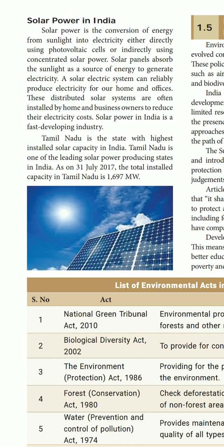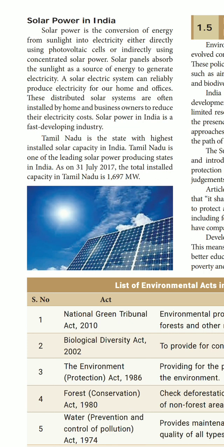Solar power is the conversion of energy from sunlight into electricity, either directly using photovoltaic cells or indirectly using concentrated solar power. The solar panel absorbs the sunlight as a source of energy to generate electricity.